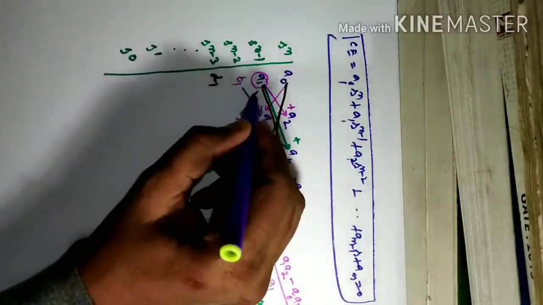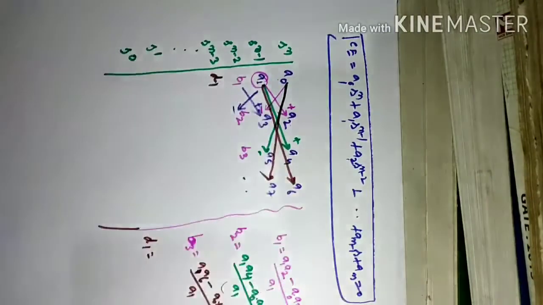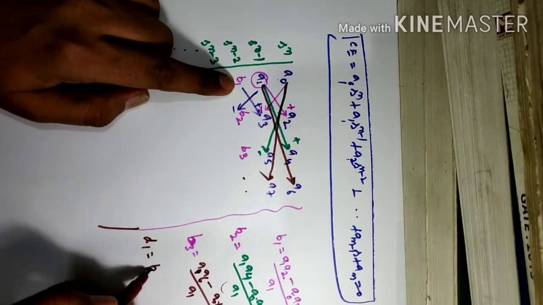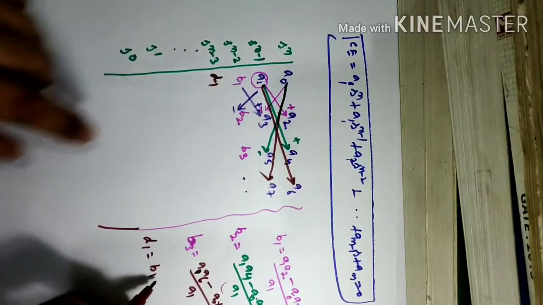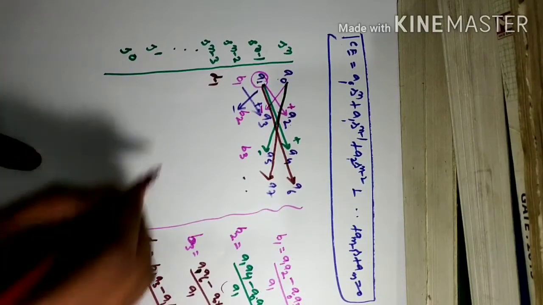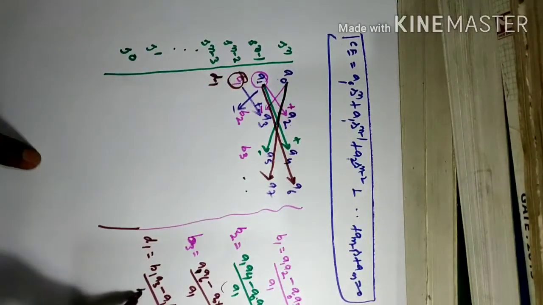D1 is equal to B1 into A3 minus A1 into B2, divided by B1.